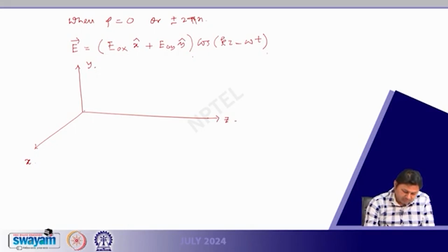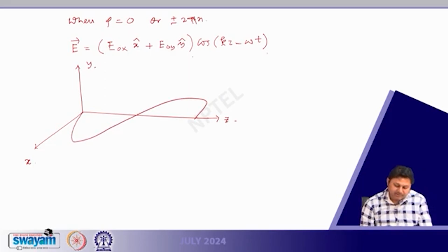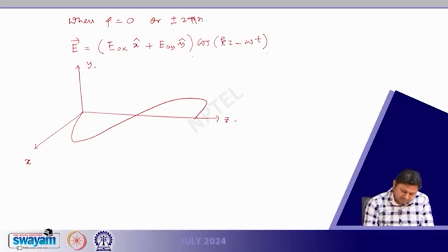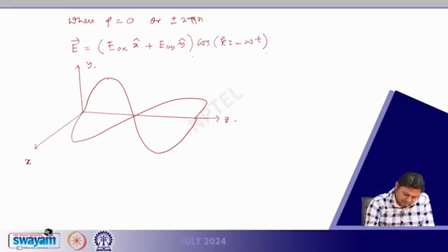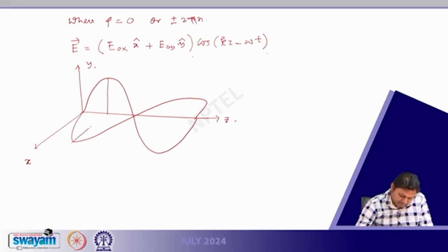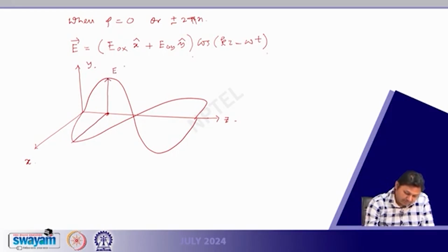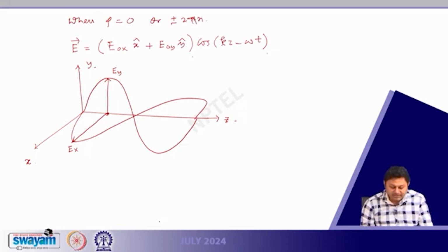Along the x axis it is a cos, it will be vibrating like this, and along the y axis it will be vibrating like this, and this will be Ey, and this will be Ex, and the resultant will be the total electric field E.